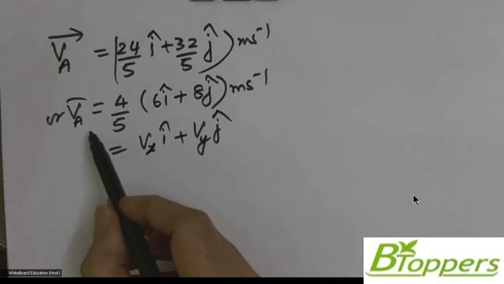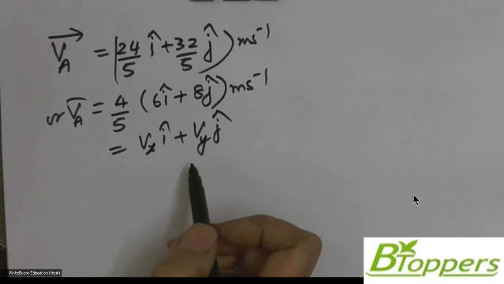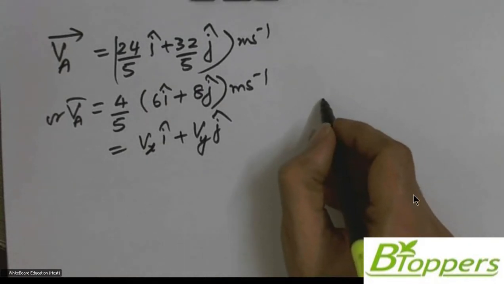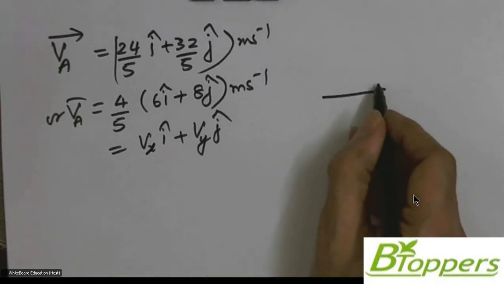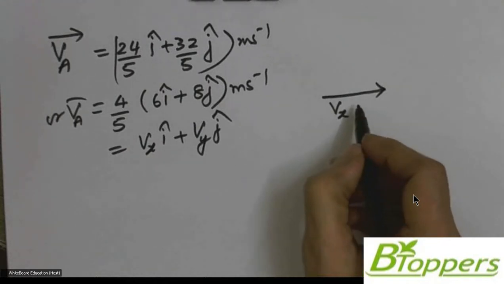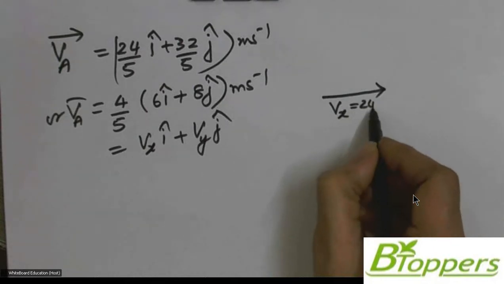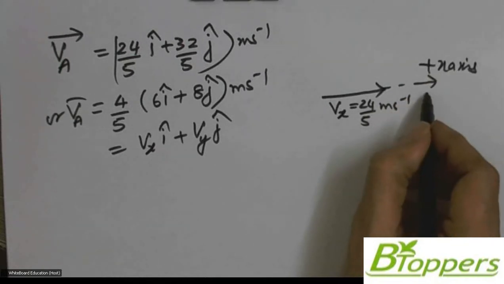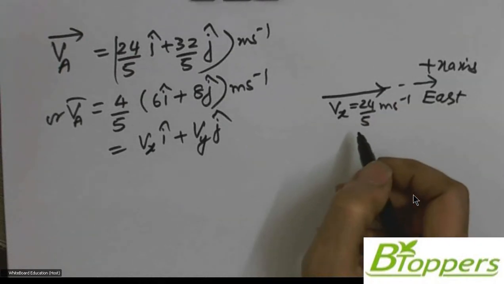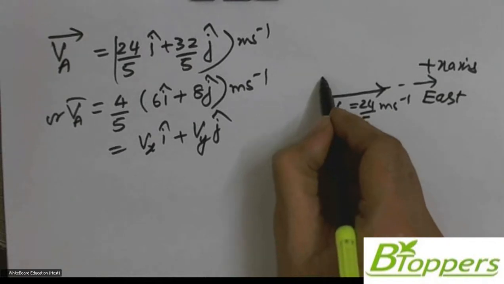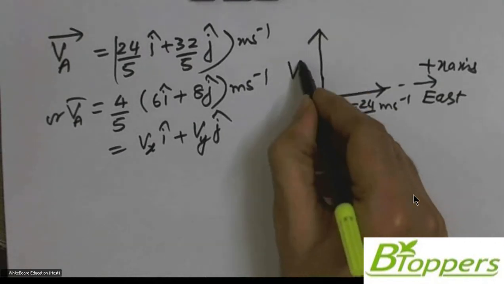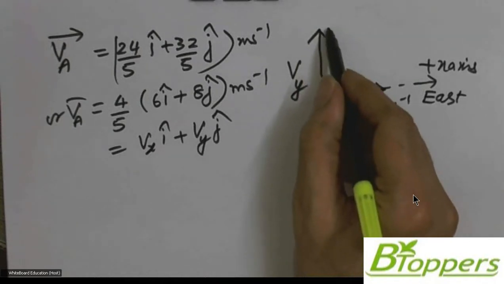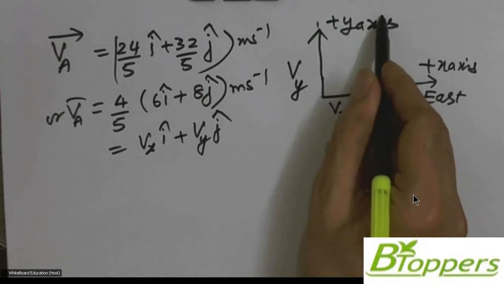That means Vx and Vy represent the rectangular components of the actual velocity of the body A. So the actual velocity of the body A has a rectangular component of magnitude Vx equal to 24 by 5 meter per second along the positive direction of x-axis, means towards east, and it has a rectangular component of magnitude Vy, which is equal to 32 by 5 meter per second along the positive direction of y-axis, means towards north.